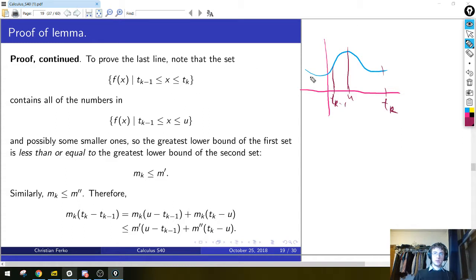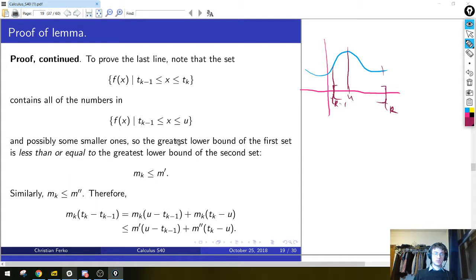Well, the set of all of the heights, the y or f of x values, on the whole interval from k minus 1 to k certainly contains all of the numbers in the smaller subinterval, right? It's just a bigger interval. This guy has all of the numbers in this guy and maybe some smaller ones.